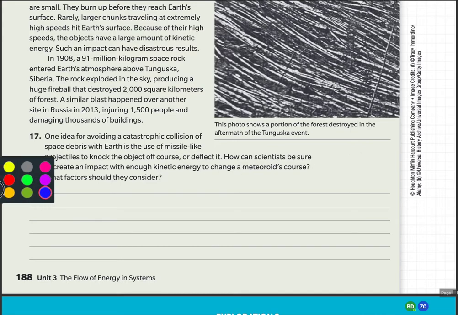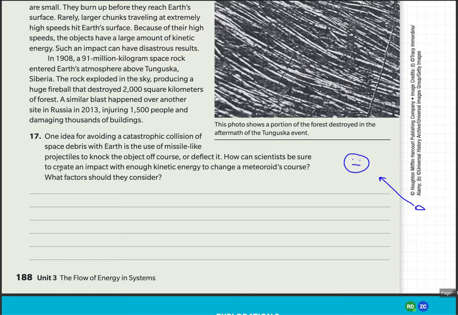Here we are on Earth. Yay. Here's an asteroid. The asteroid is heading towards Earth. Uh-oh. So what this is describing, one idea is to use a projectile to knock this off course.